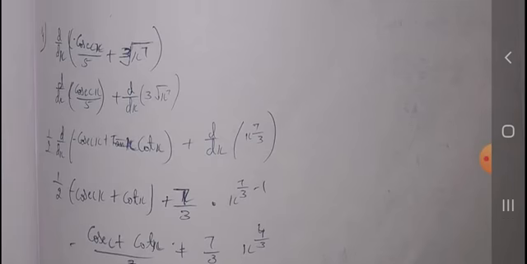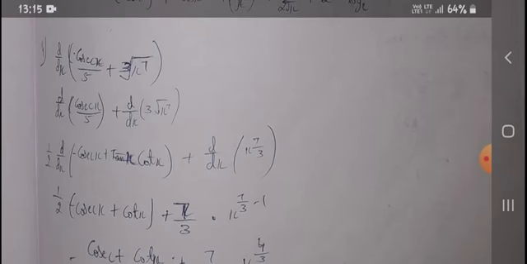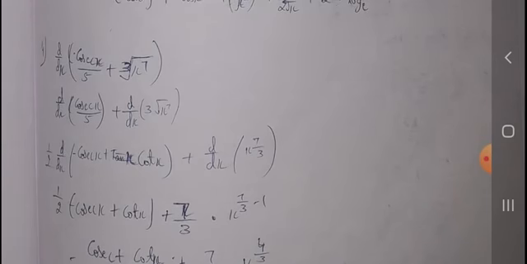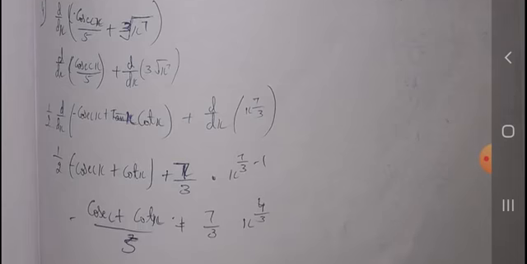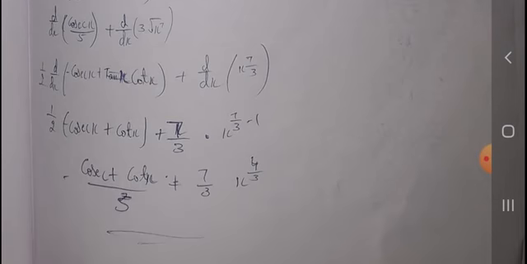Now d by dx cosecant x by 5 plus d by dx 3 root x by 7. So here cosecant x plus cot x, 1 by 5 you have to take out, and you have to make it as cosecant plus cot x.